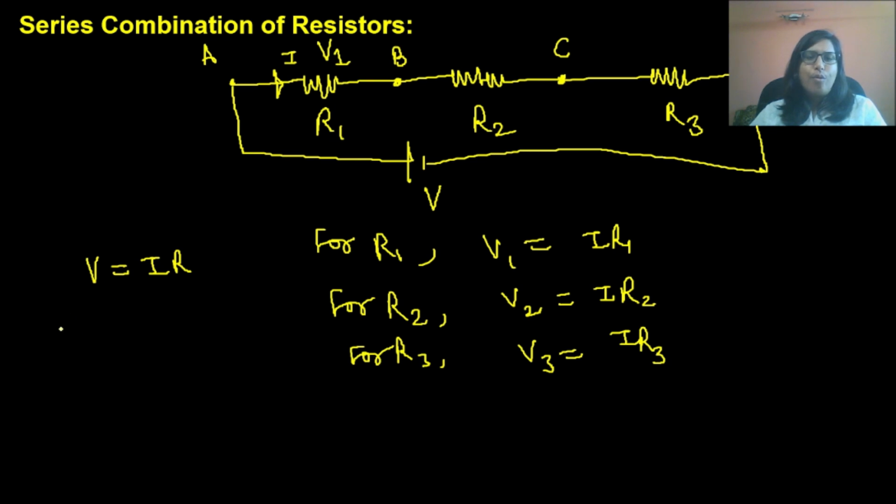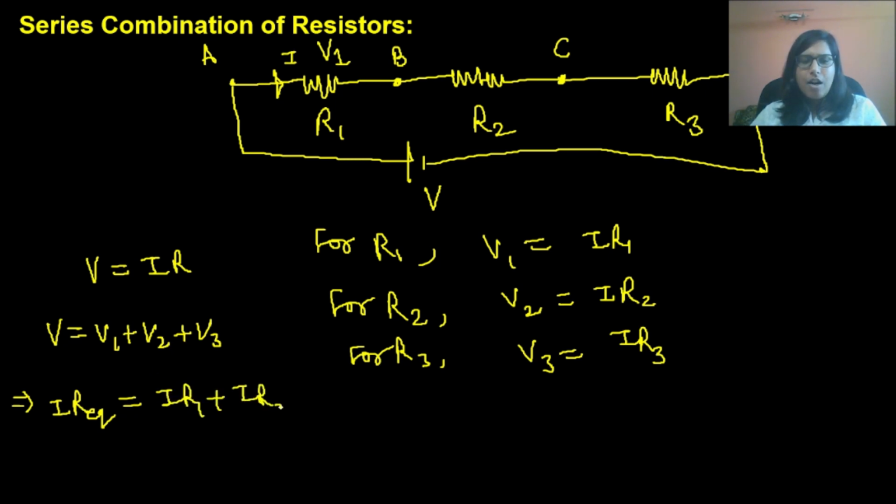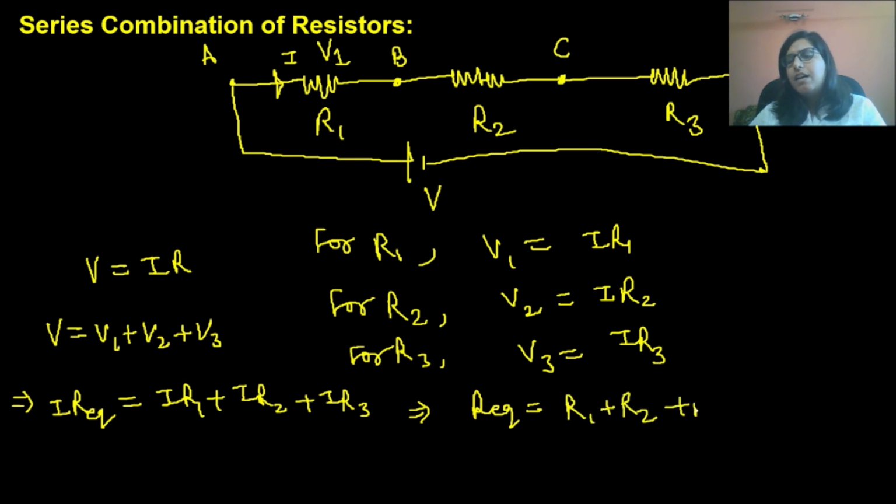So voltage V will be V1 plus V2 plus V3, and this equals I into R equivalent. So I into R1 plus I into R2 plus I into R3 equals I into R equivalent. I is common, so I and I will cancel out, and R equivalent will be R1 plus R2 plus R3.